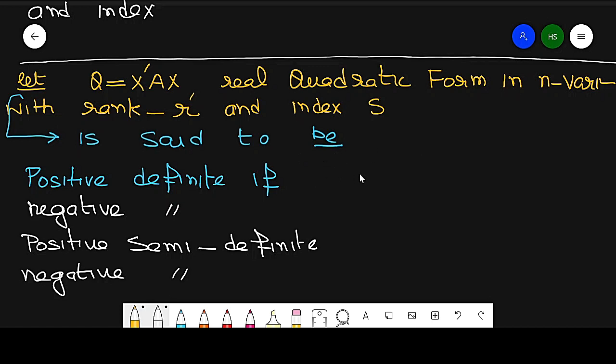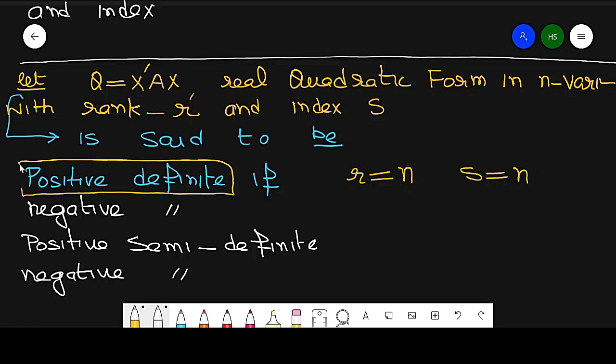Now if R is equal to n, meaning rank is equal to the total number of variables, and also index is equal to n, then it is a positive definite. So just remember, if R is equal to n and S is equal to n, this is a positive definite.